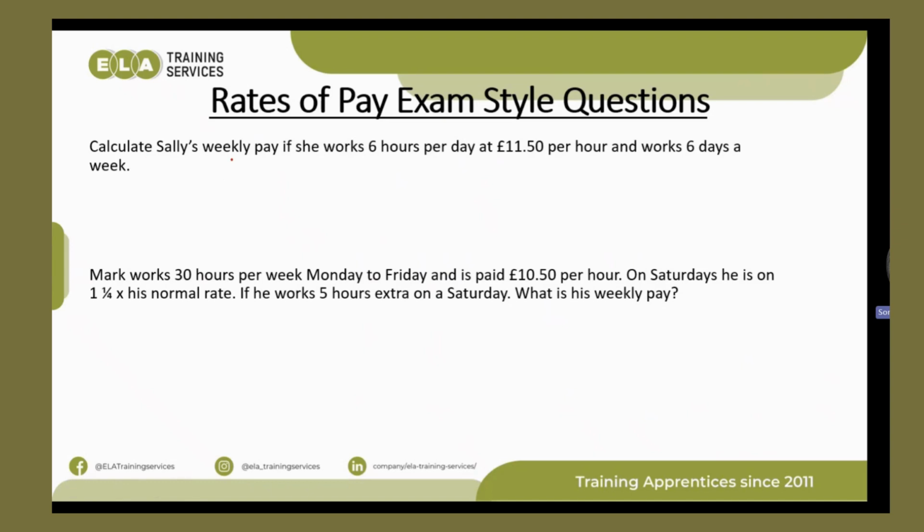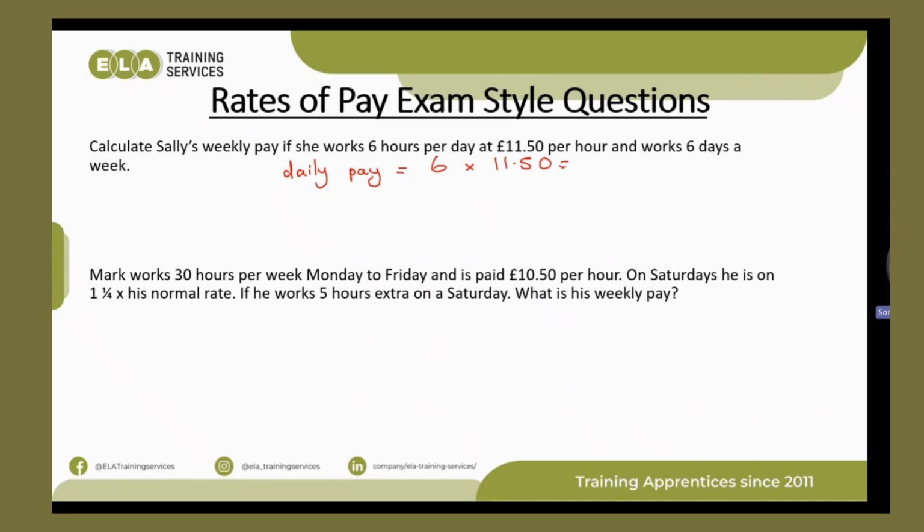So calculate Sally's weekly pay if she works 6 hours per day at £11.50 per hour and works 6 days a week. Firstly, we've got to work out her daily pay. So to work out her daily pay, we're going to do the hours that she's worked multiplied by how much she's on per hour. So 6 times £11.50.